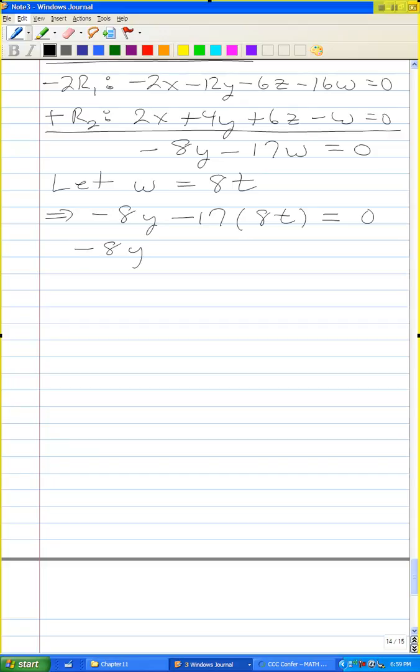I get negative 8y minus 136t equals 0. Let's add 136t to both sides. So you get negative 8y equals 136t.